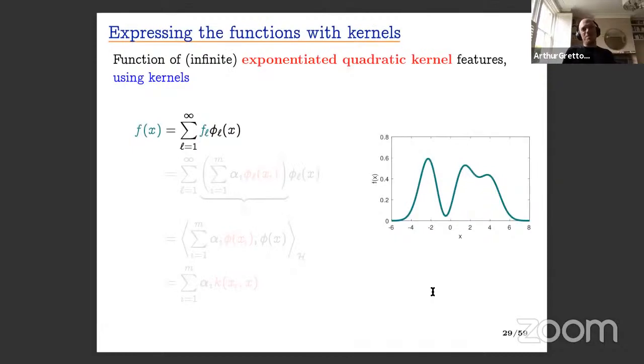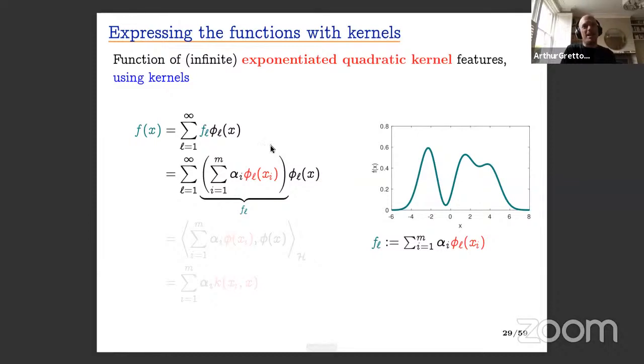It's a little bit of a pain to write down infinitely many features. So I want to find a way of expressing a function that doesn't require me to write infinitely many coefficients. This is what we're going to do on this slide. Let's say that I've got a function here, which is a sum of infinitely many features. But now let's say that my coefficients f can be expressed as a weighted sum with weights alpha i of features of some points xi.